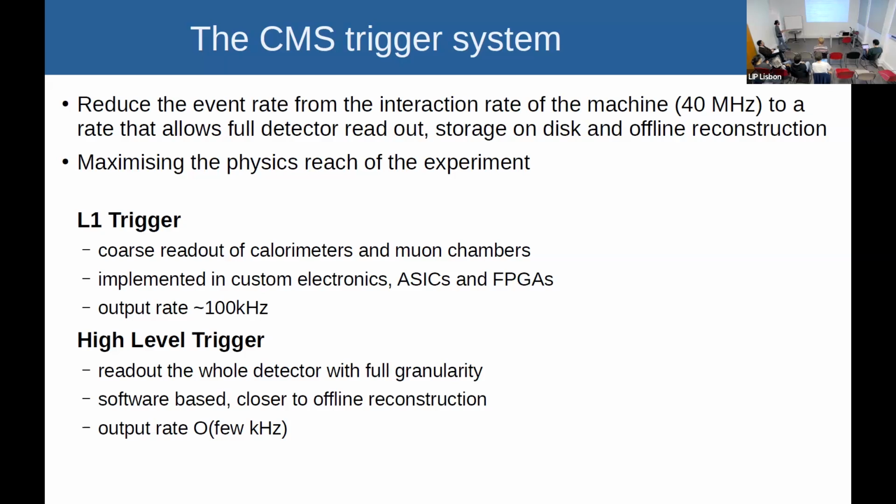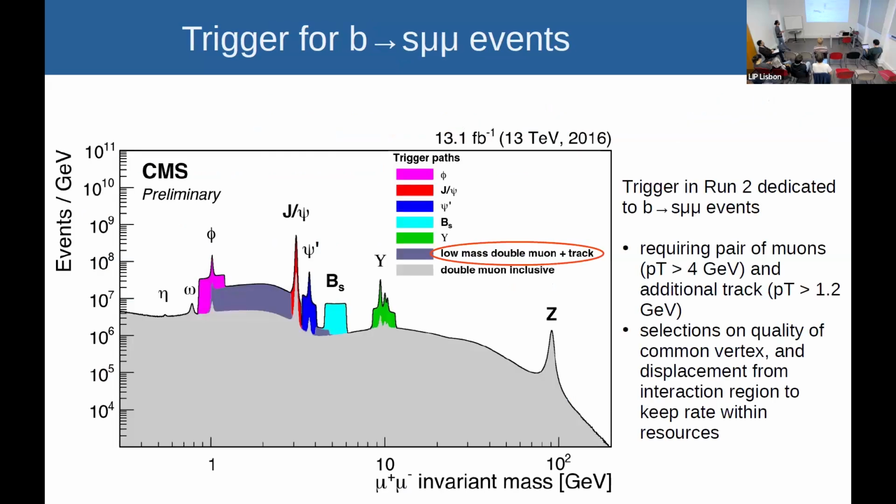Then the high-level trigger is based on software, and recently also uses hybrid computing, both CPUs and GPUs, and can read the full information of the detector and has an output rate of a few kilohertz.